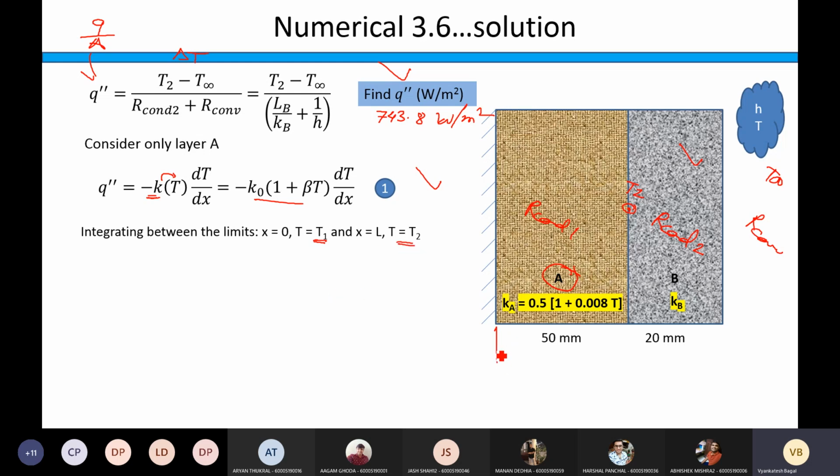So we are talking about only this thickness. At x equal to 0, let us assume that the temperature is T1 here, and at this level it is T2. So at x equal to L, this is only length L I am talking about. When you use these limits of integration and solve this further, I am not writing the steps in between. I leave it to you to calculate this. You should get this equation.